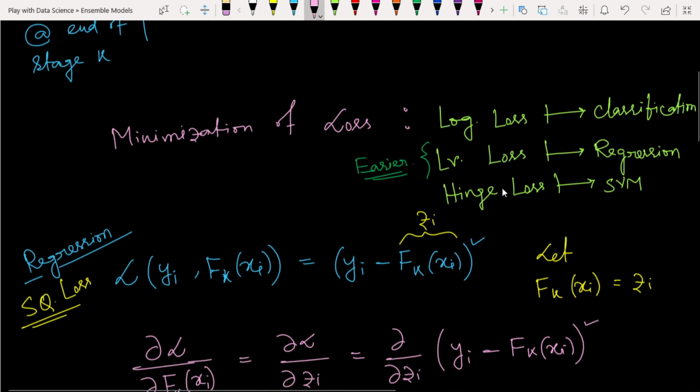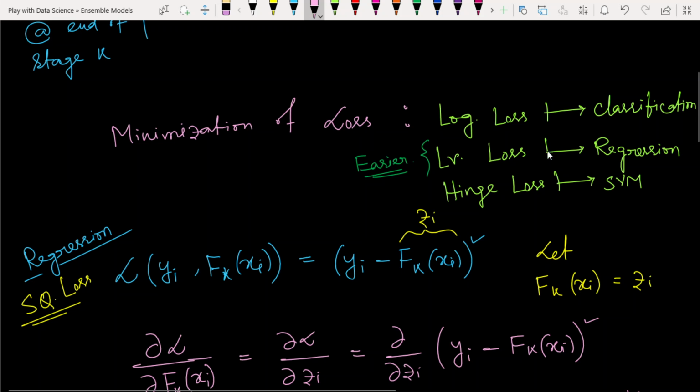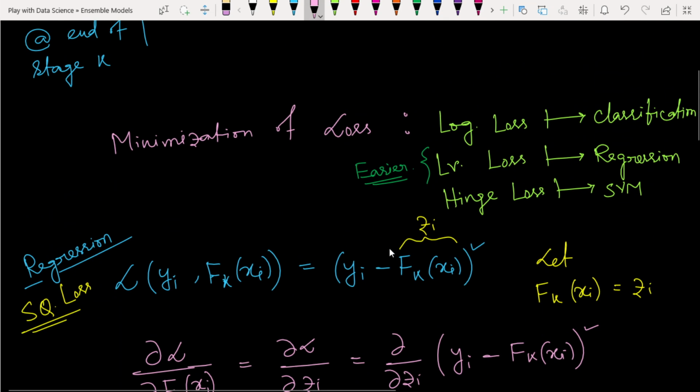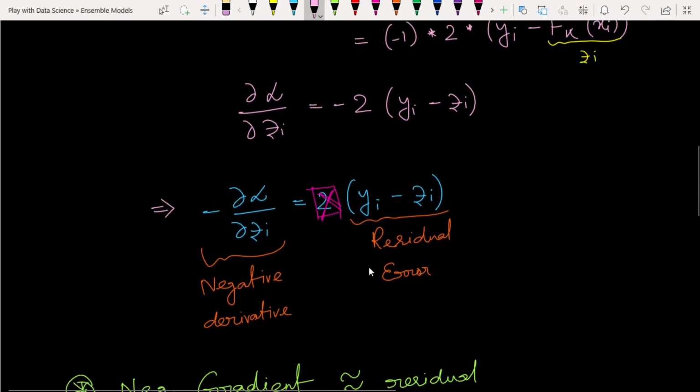But if you take the hinge loss, you can easily use it, and you can easily take the logistic loss as you like. So each kind of loss is applicable for the pseudo residuals.